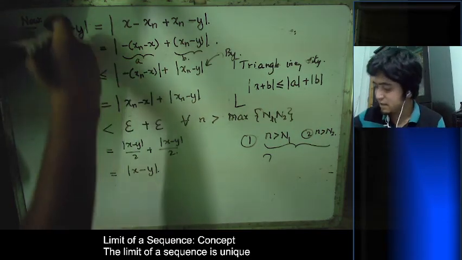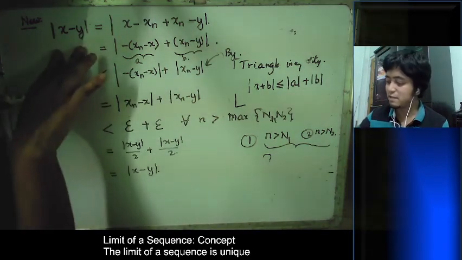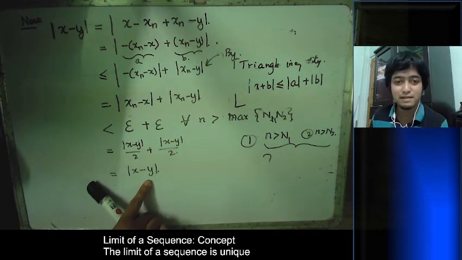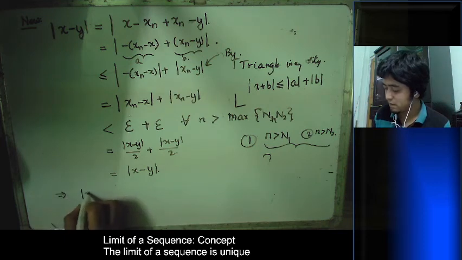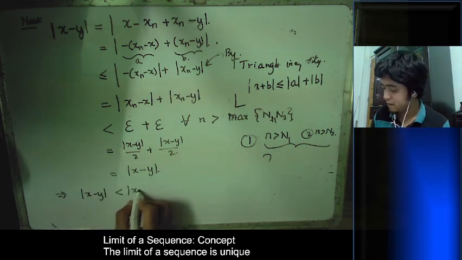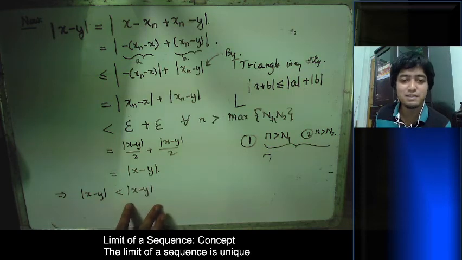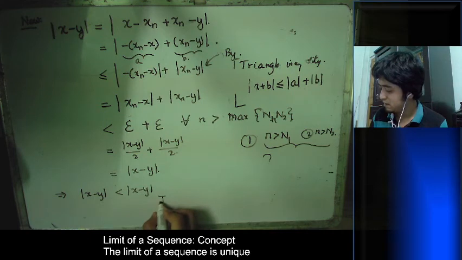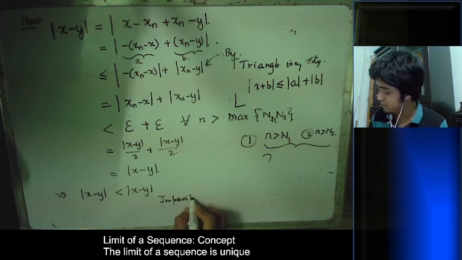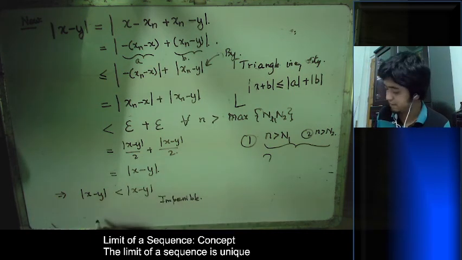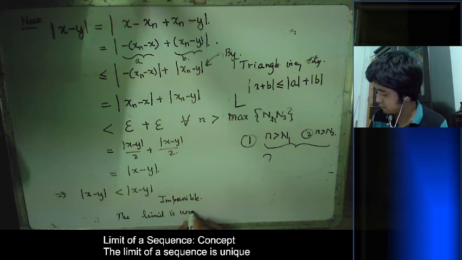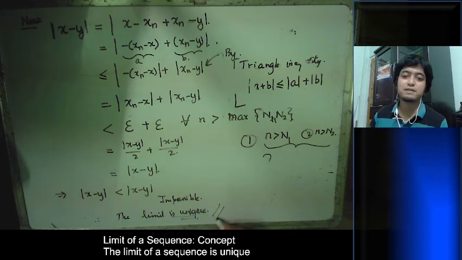Now just see, is this possible? |x minus y| is less than |x minus y|. These are both same quantities, and one is less than the other. It cannot be possible. Impossible. So our assumption is wrong, therefore the limit is unique. So this completes the proof.